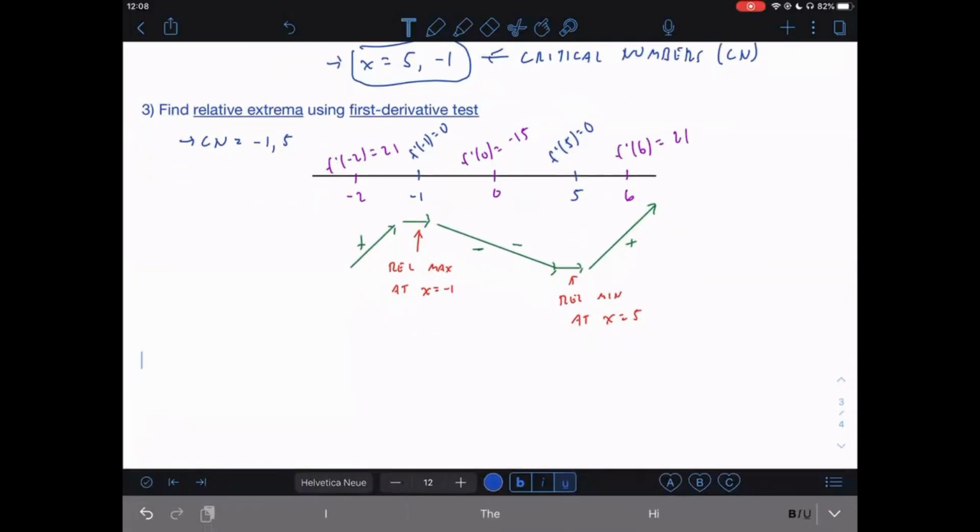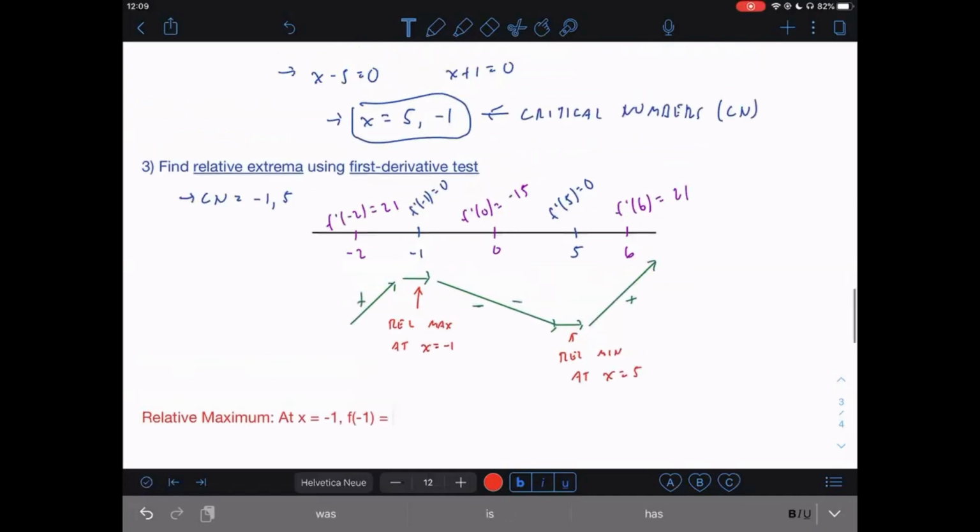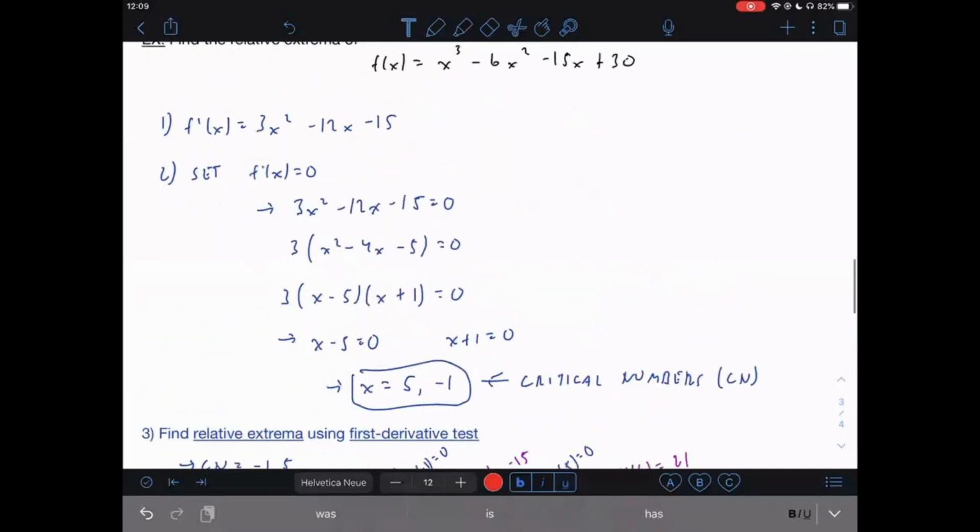So to find the relative maximum, again, we find a relative maximum at an x-coordinate of -1, but if we want to find the actual value, then we have to plug -1 into the original function, not the first derivative, the original function. All right, which in our case was x cubed.